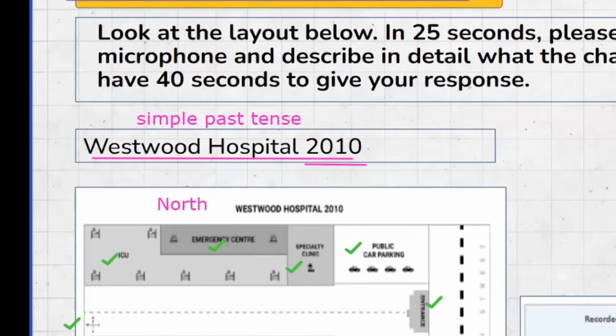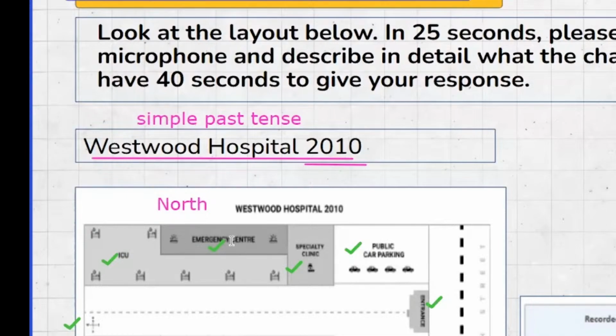So now, in order to make our response interesting and to showcase our skills and vocabulary, we must try to use the directions, and we should also use certain prepositions to indicate the location of all these features on the map. So when I talk about the emergency center, how can I talk about its location, students?